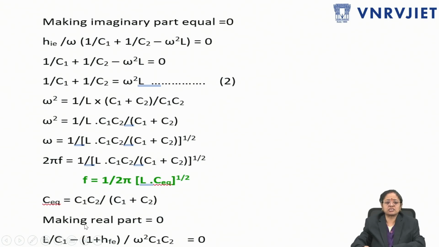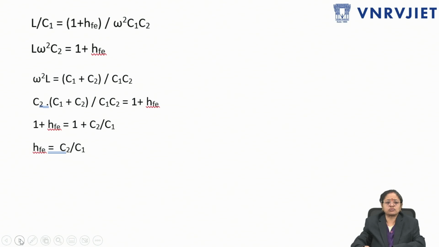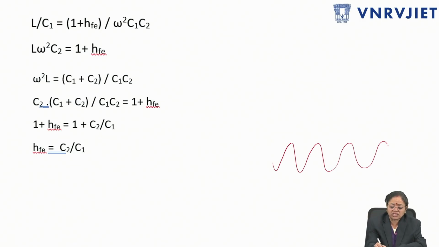The other part is to make the real part 0. Equating the real part to 0 and simplifying, we will get the hfe, which is the condition for sustained oscillations. In oscillators, not only is generating oscillations important, getting sustained oscillations is very important, because we may have damped oscillations, for example. This is the sustained oscillation.